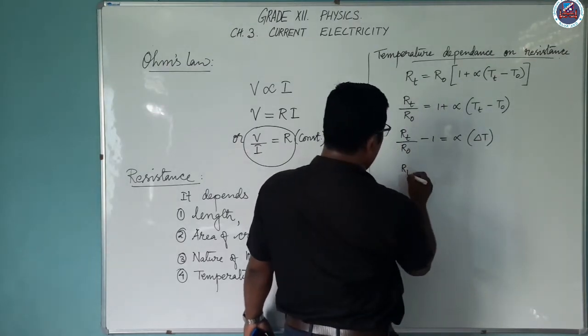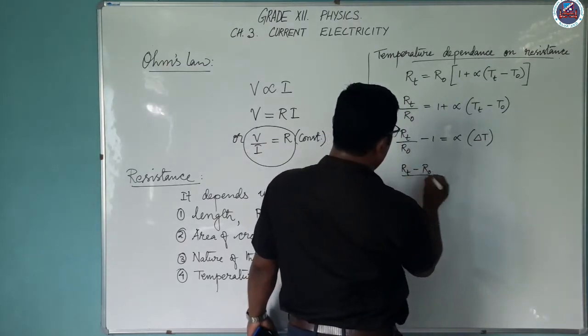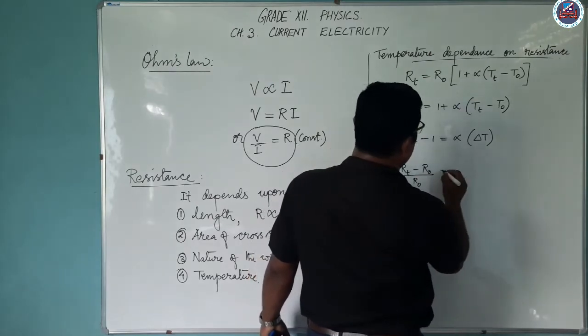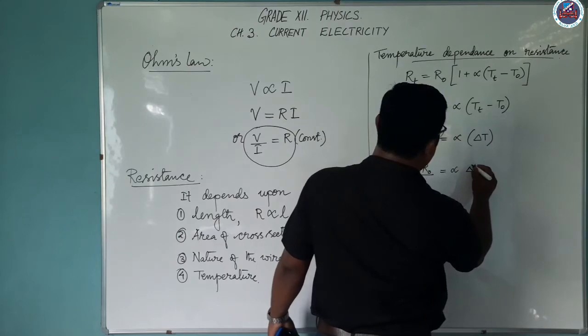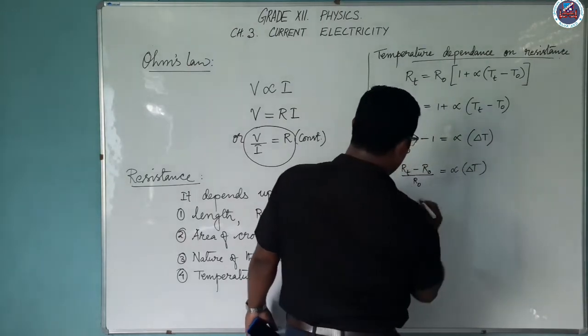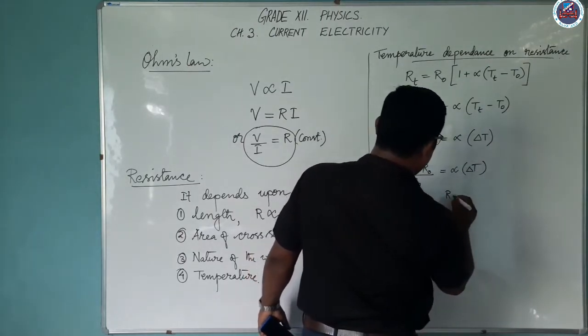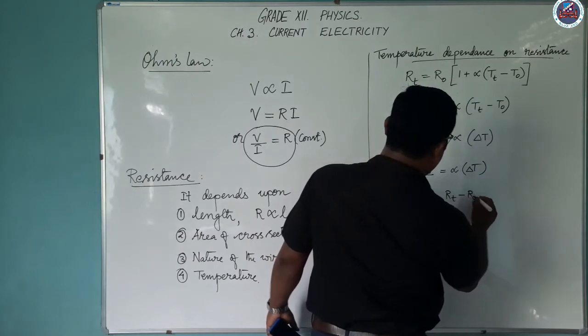If you take the LCM, you get RT minus R naught over R naught equal to alpha delta T. This can be written as alpha equal to (RT minus R naught) divided by R naught into delta T.